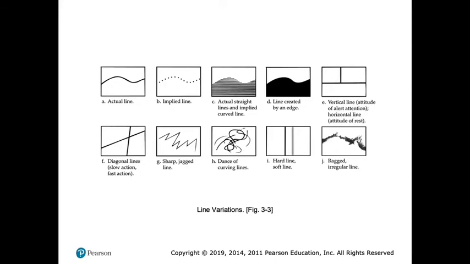And also we are looking at two other kinds of line here in the I and J, where you can see that some of the lines have very smooth, soft edges. Some of them have very harsh and tough edges, but all of them are still lines.